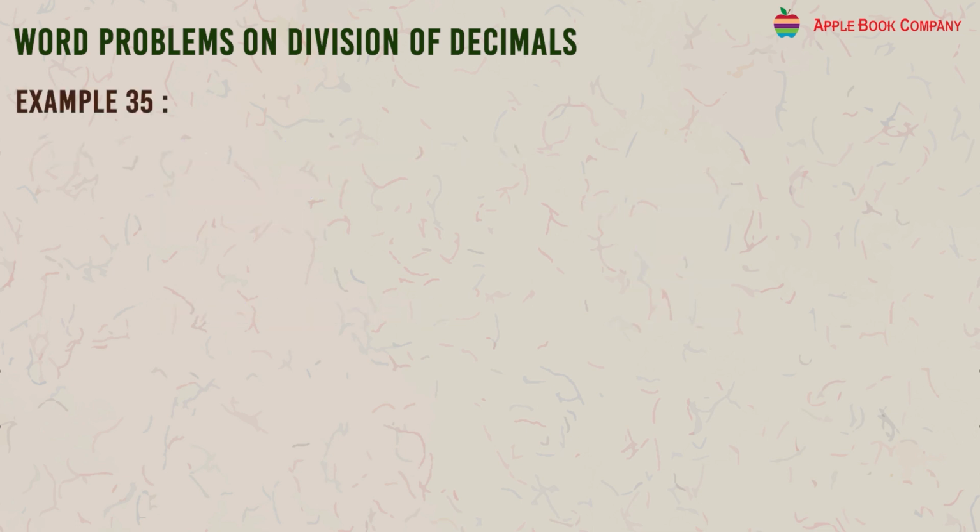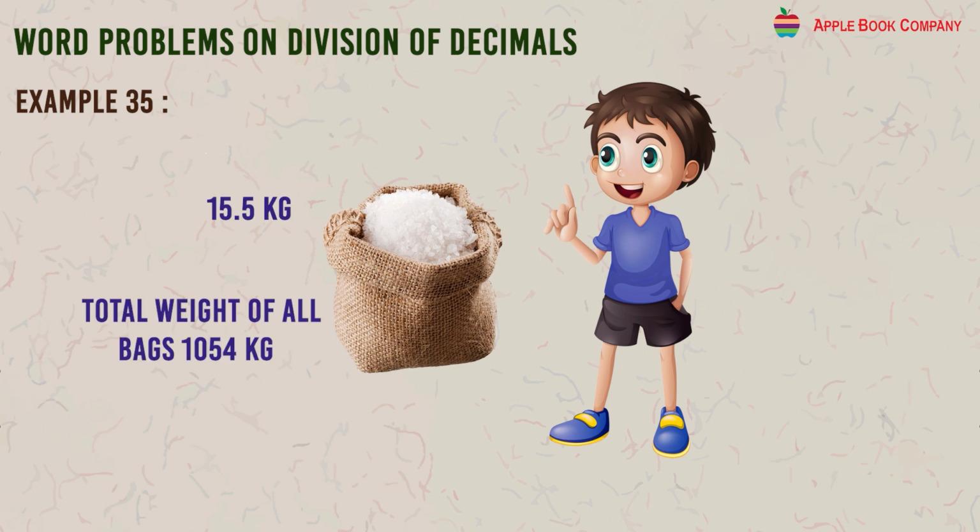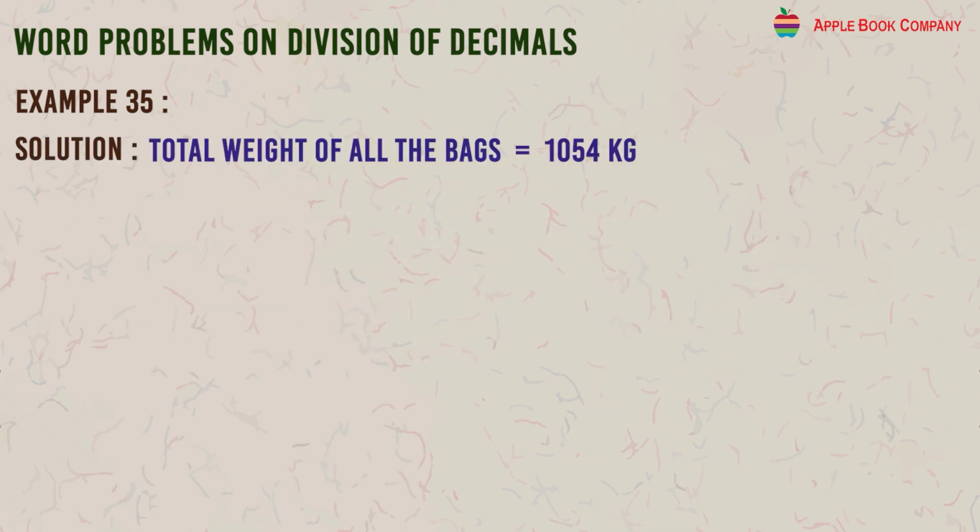Example 35. Mahendra bought some bags of sugar, each weighing 15.5 kg. If the total weight of all the bags is 1054 kg, how many bags did he buy? Total weight of all bags is equal to 1054 kg. Weight of each bag is equal to 15.5 kg.